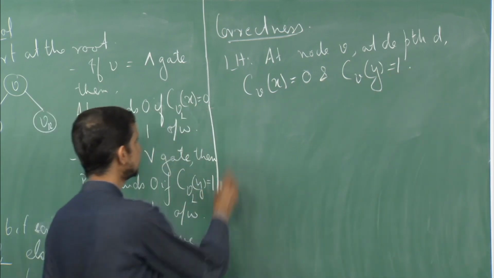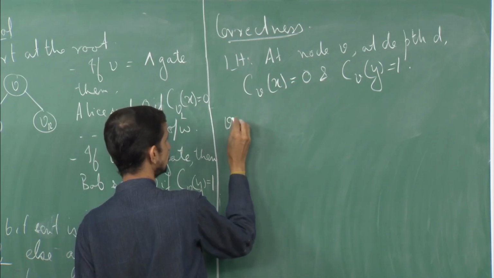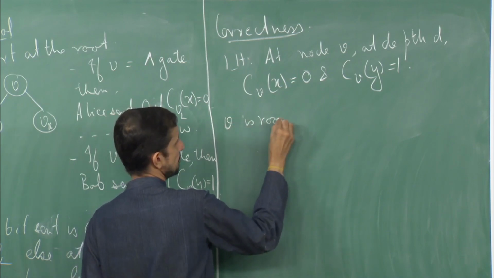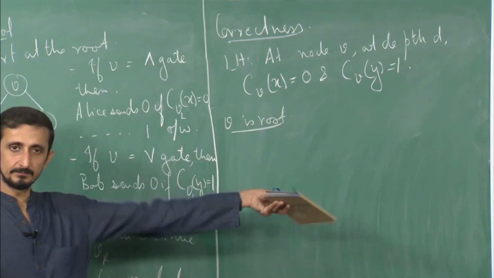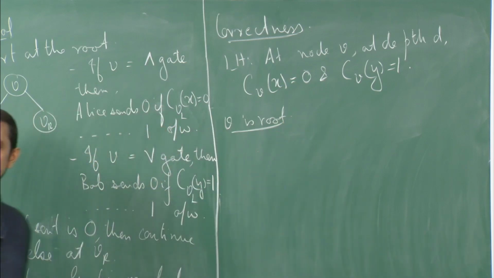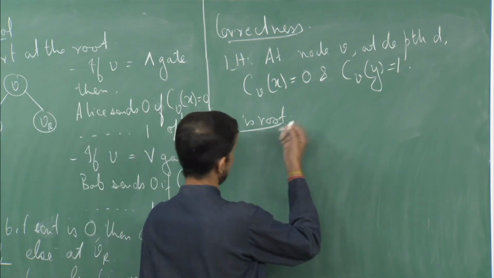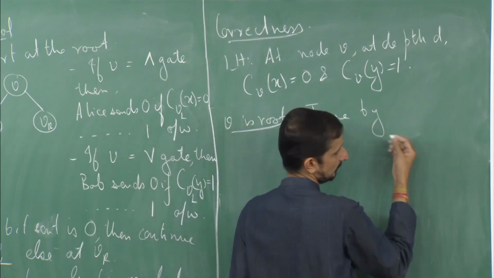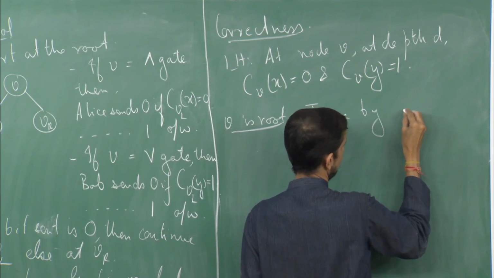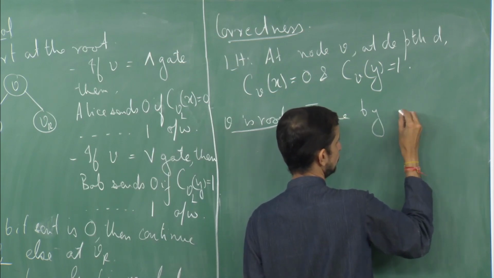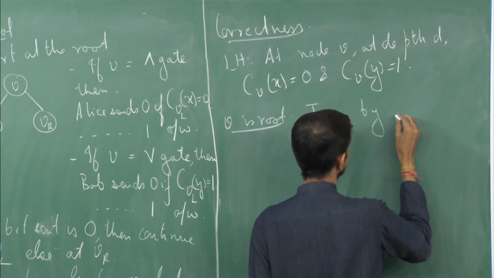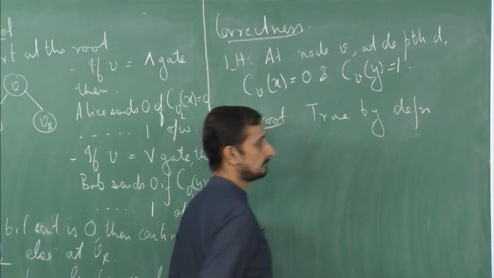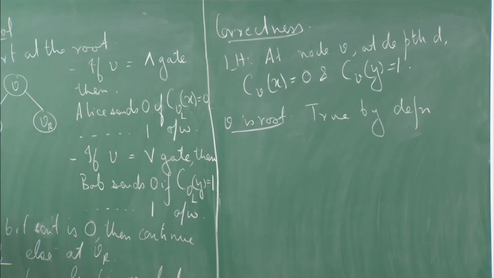Okay. So, if V is the root node, then this is true by the assumption itself that C of x is not equal to C of y, because f of x is equal to 0 and f of y is equal to 1. So, at V, if V is the root, this is true by the definition that we have.